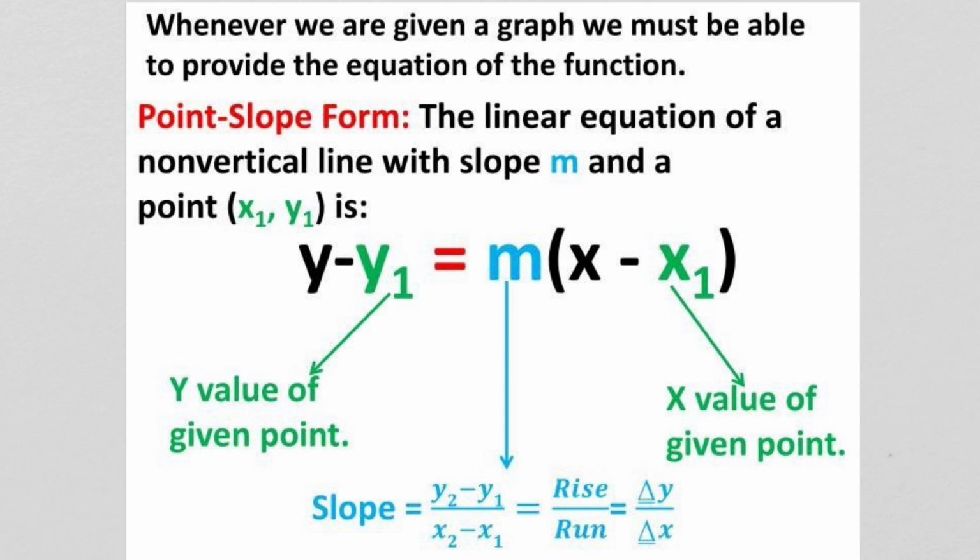Whenever we're given a graph, we want to be able to provide an equation of the function. The point-slope form of a line equation is y minus y1 equals m times (x minus x1).